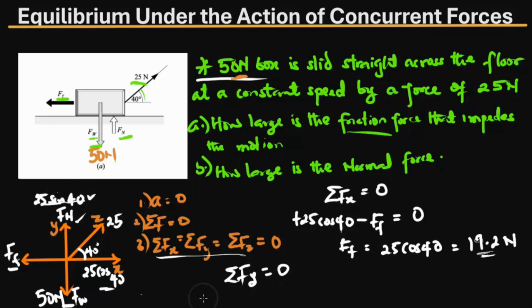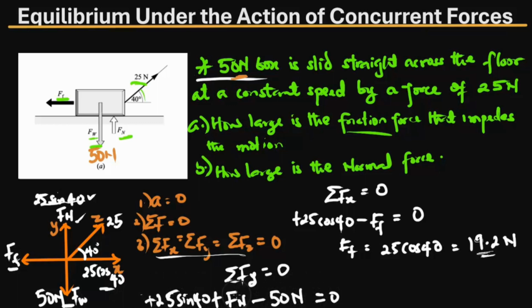So we're going to have positive 25 sine 40 plus the normal force, since they're in the same direction, and then minus 50 Newton in the negative direction, and that will be equal to 0.